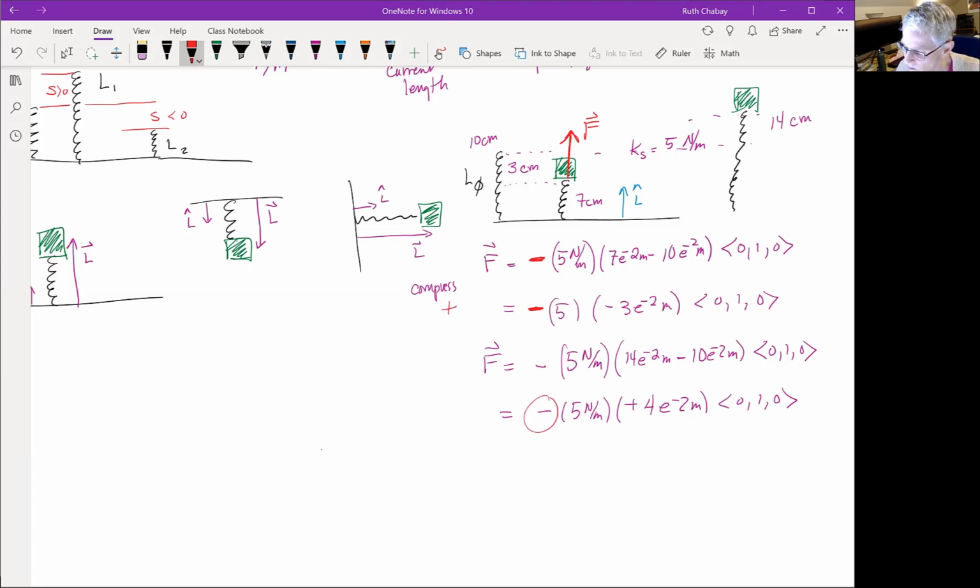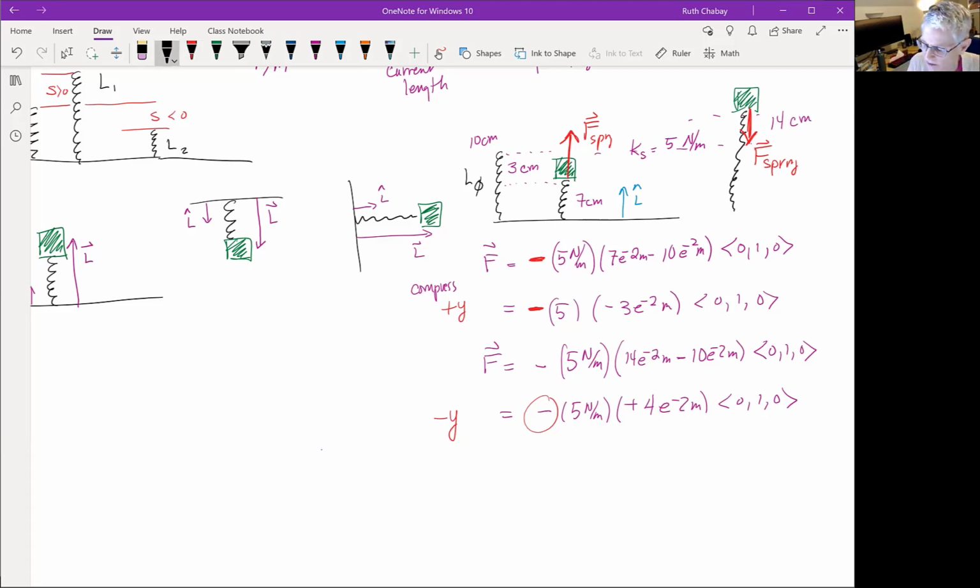So this is plus y, and this is going to be in minus y. Is that right? The spring is stretched. What direction should it be exerting a force on the block? Yeah, that's right. It should be trying to pull the block back down. And so, in fact, we get the right answer, but we need this minus sign to get the right answer.